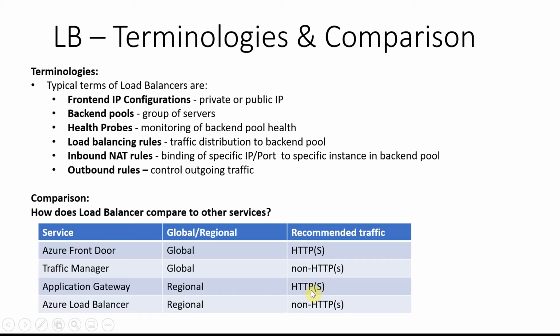And second, where are the VMs located? Are they regional, restricted to availability zones, or are we talking about a global setup where the VMs are in different regions altogether, one VM in one region and another in a completely different region? These two will answer which one to choose.